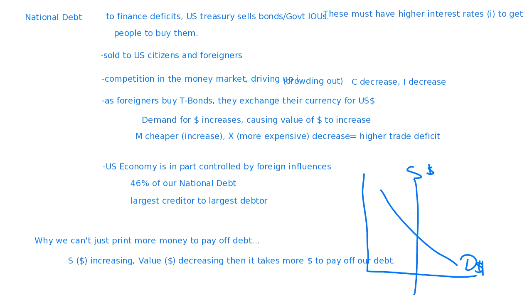So you're getting a preview of what the money market is going to look like. This particular graph isn't on the test, it's just for illustration. If the supply of dollars increases from S1 to S2, then you're going to see the price decreasing.